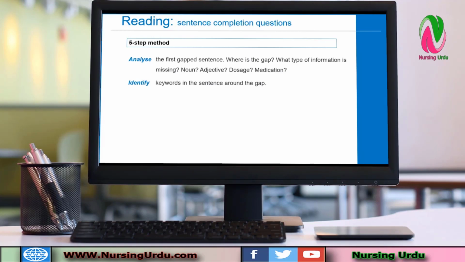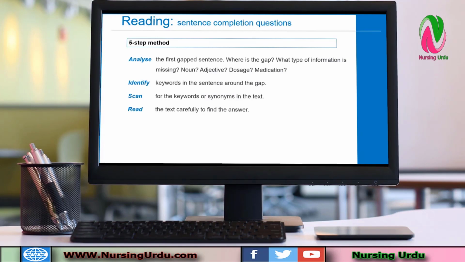These are the steps to do in this order. So you've identified what type of information is missing. Then you're going to identify and underline the keywords in the sentence. Then you're going to use those keywords to go to the correct text, and then you're going to start scanning for those keywords or synonyms. So this is where your knowledge of vocabulary will come in handy, to find synonyms that have the same meaning as your keywords for locating the answer.